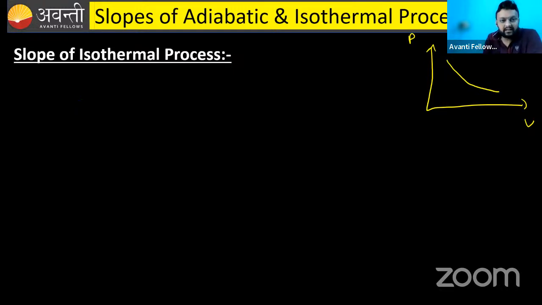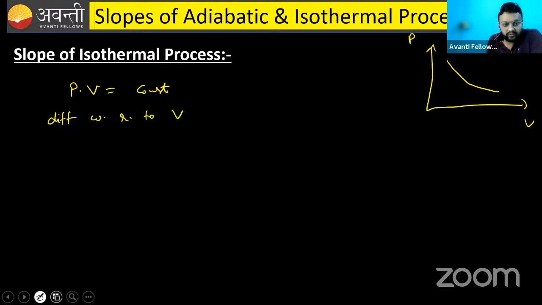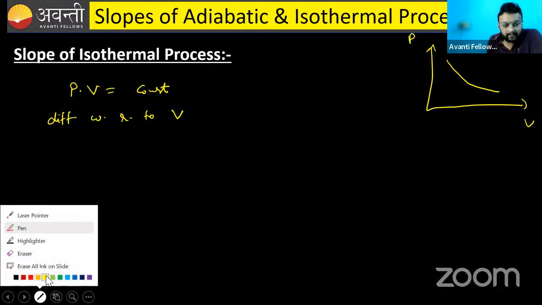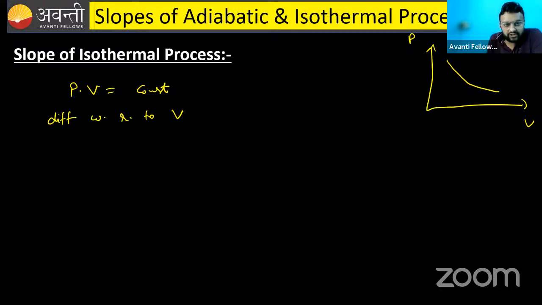But the thing is that for isothermal process, it follows P into V equals to constant. So I am differentiating it very quickly. Differentiating with respect to volume. What we will get if I differentiate it, first function as it is, differentiation of second function will be 1.